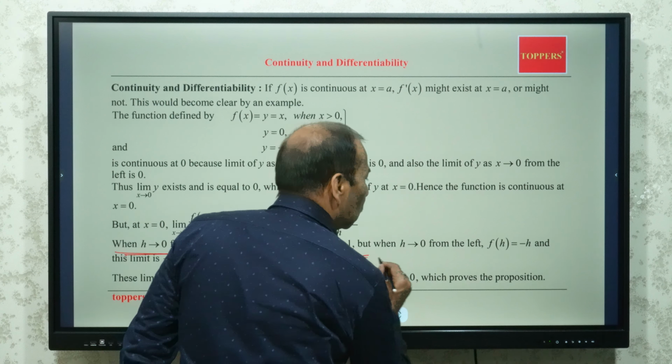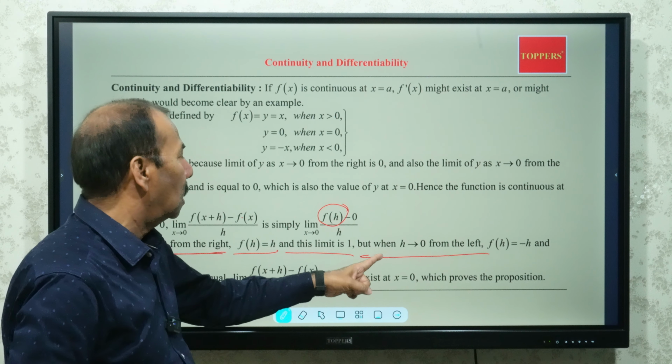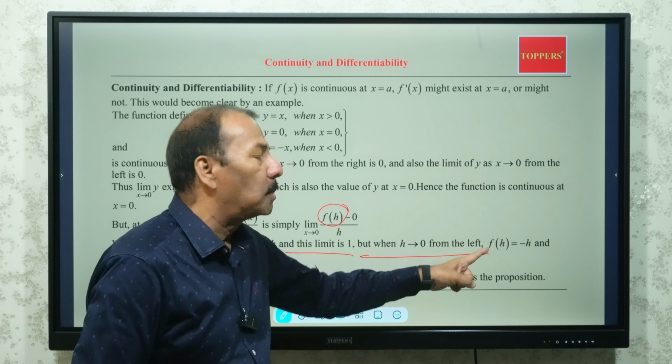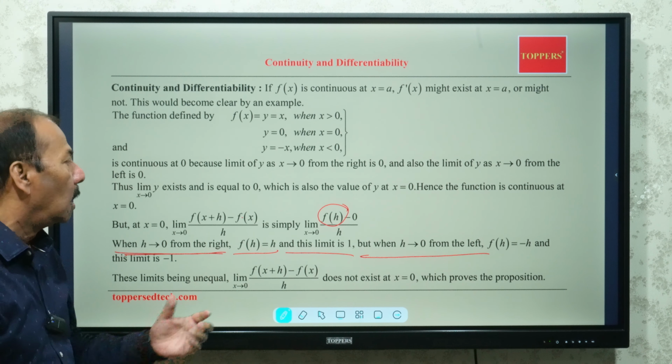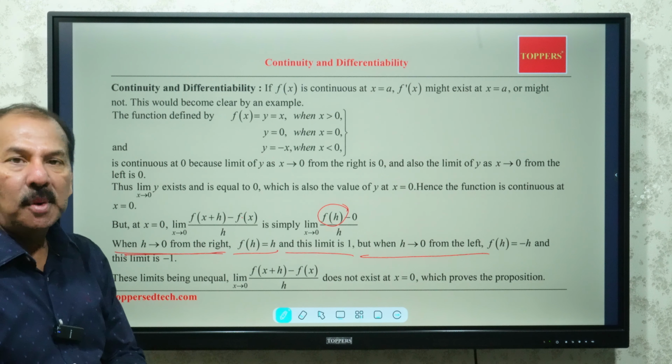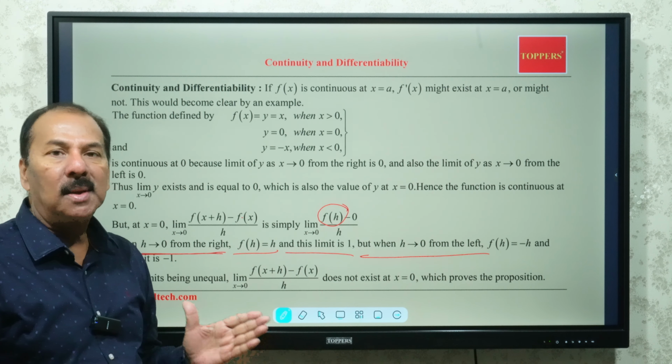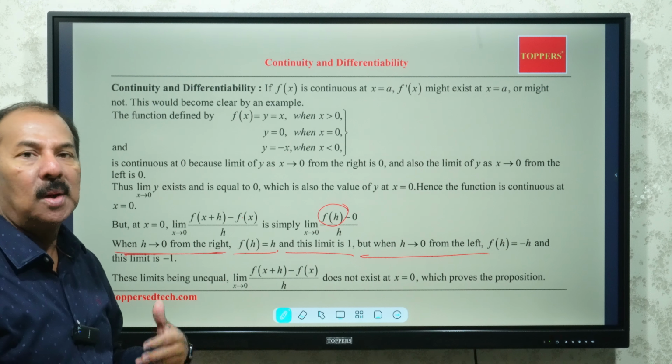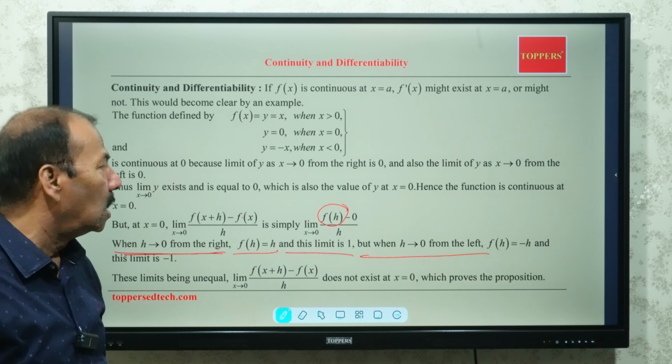Similarly, if you consider the left hand derivative, that is when h tends to 0 from the left side. I am using the word derivative here because this limiting value from the right side or from the left side is termed as the right hand derivative or the left hand derivative. That is the definition of the derivative.